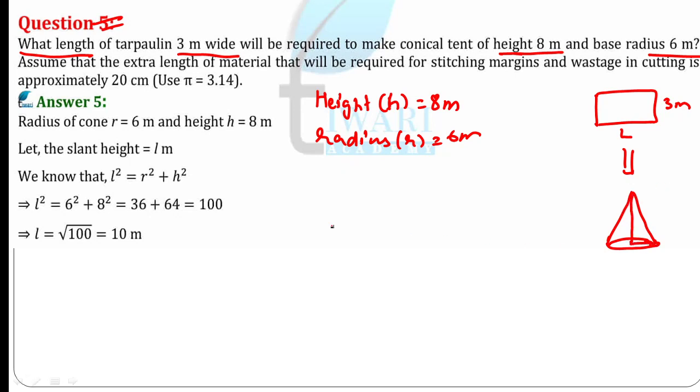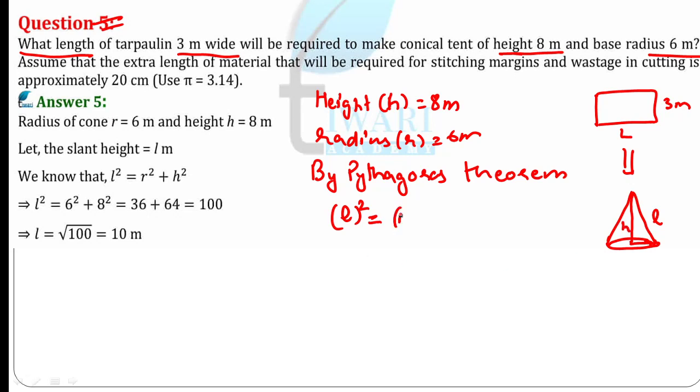the value of this slant height can be calculated by Pythagoras theorem. So what is Pythagoras theorem? Hypotenuse square is equal to perpendicular square plus base square. The value of hypotenuse here is your slant height, the perpendicular is your height, and the base is your radius.